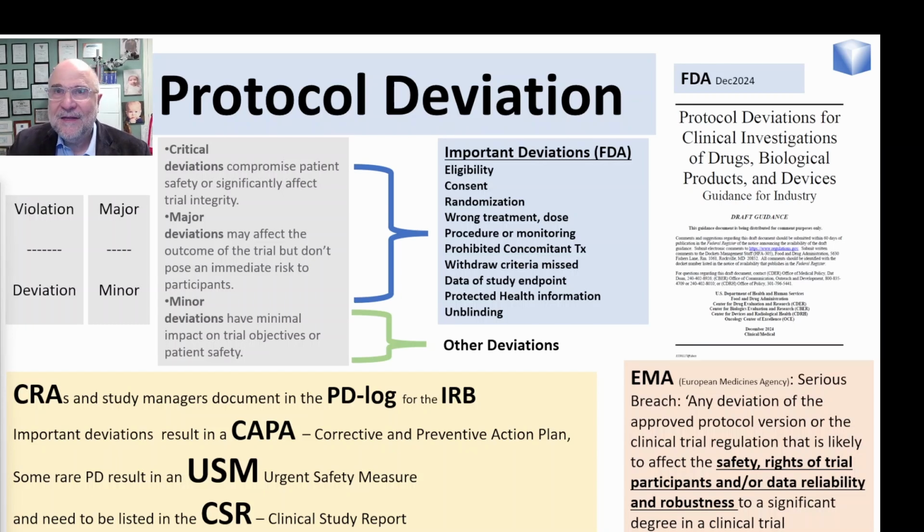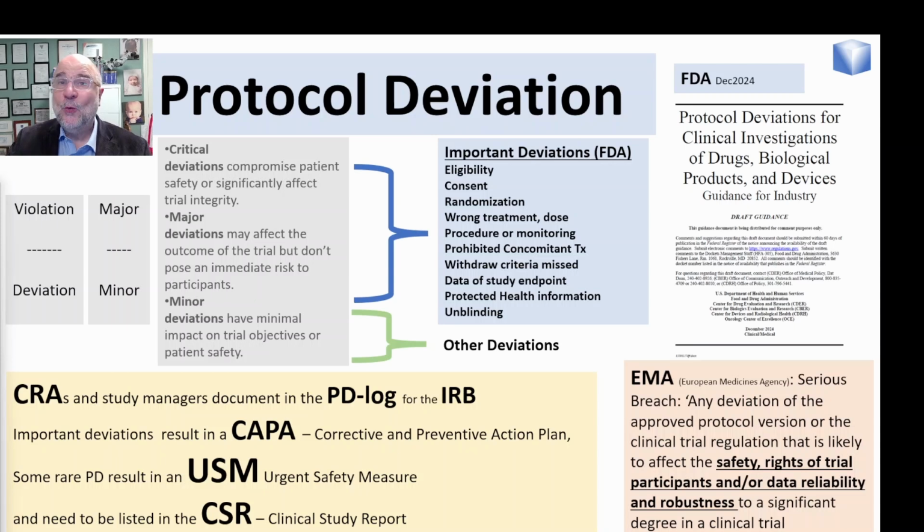Sometimes, when deviations happen multiple times and you need to do something about it, for instance, add a description, add teaching for the sites, or exclude certain types of patients, then we start a CAPA, a corrective and preventive action plan. And sometimes if it's really bad and we need to do something really urgent, such as stop the trial, drop the dose, add a diagnostic procedure to protect the patients, we call that a USM, an urgent safety measure.